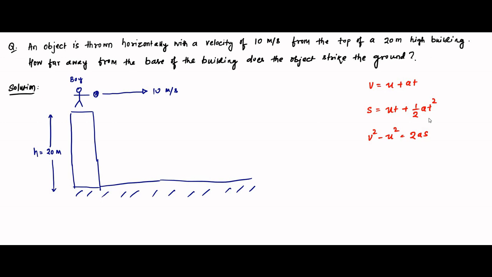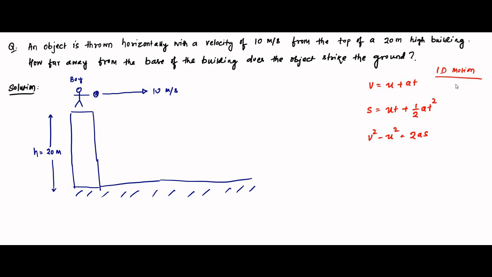Again, when we discussed two-dimensional motion, I told you that these three equations are suitable for one-dimensional motion because motion is happening only along a straight line in one direction. So there is no need to resolve the thing into components.